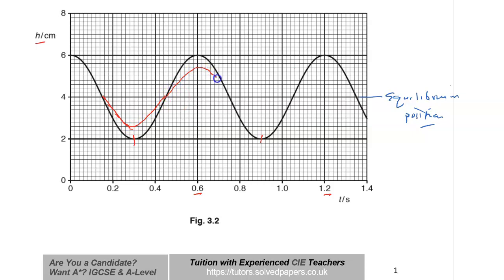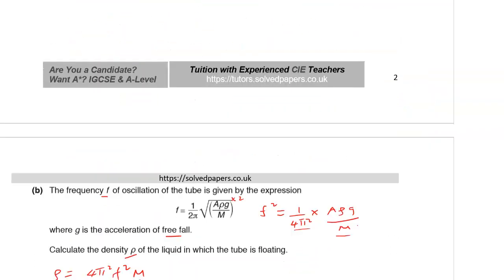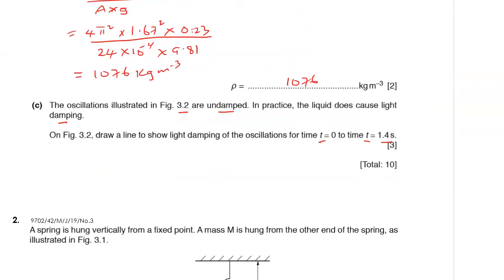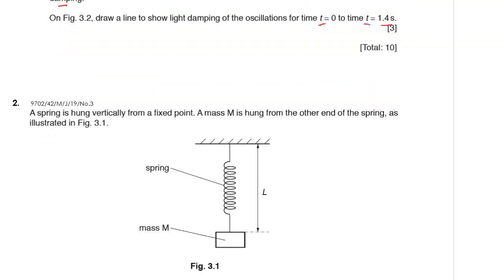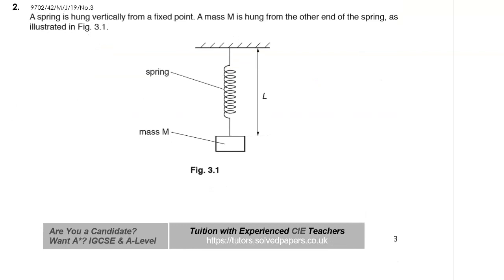Light damping, up to here. Something like that. So the red line is when there's light damping. Yeah, that's it. That's what you needed to draw.